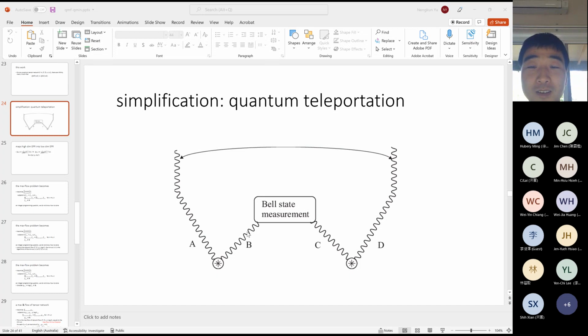Suppose A and B share a maximally entangled state with dimension 2, and C and D share a maximally entangled state with dimension 2. Then B and C are together, and then you perform a measurement, then A and D share a dimension 2 maximally entangled state. That's it. So any integer flow corresponds to such a protocol.